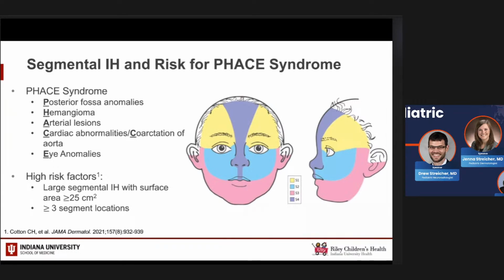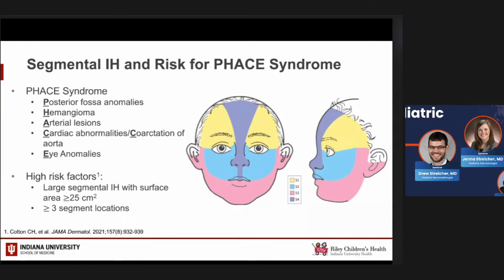So what PHACE syndrome is, the P stands for posterior fossa anomalies, H is that hemangioma, A is arterial lesions. So we're thinking about carotid, the blood vessels having changes that can raise the concerns. C is cardiac abnormalities or coarctation of the aorta. And E is eye anomalies.